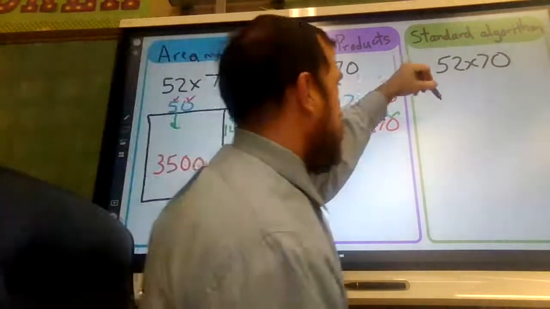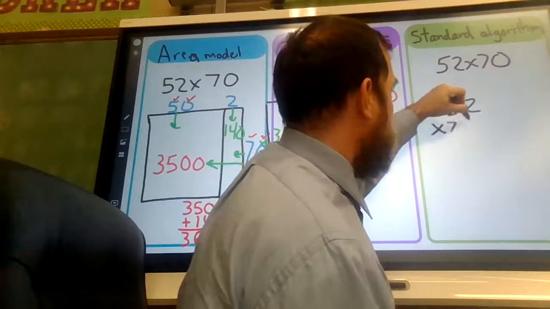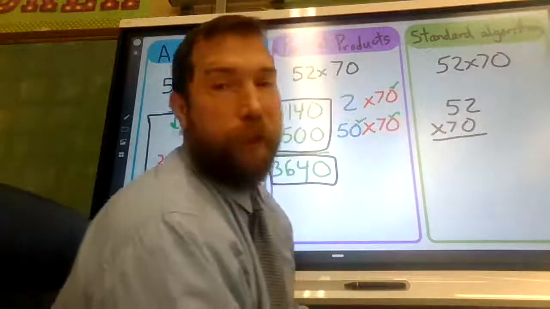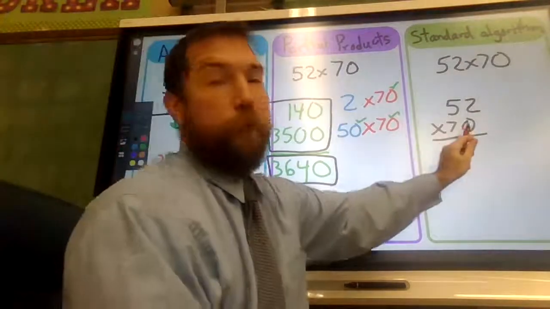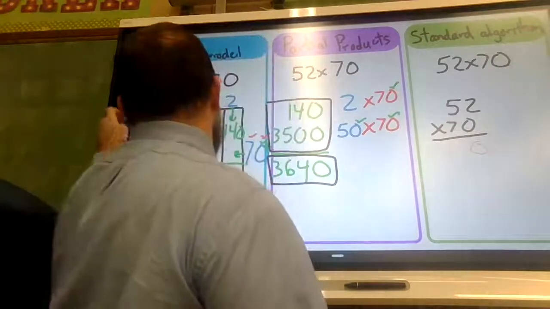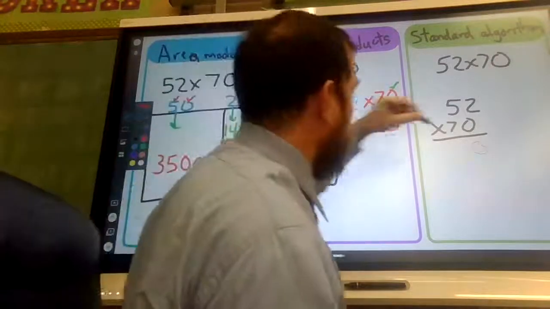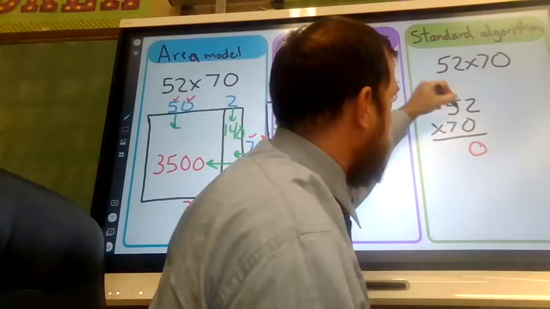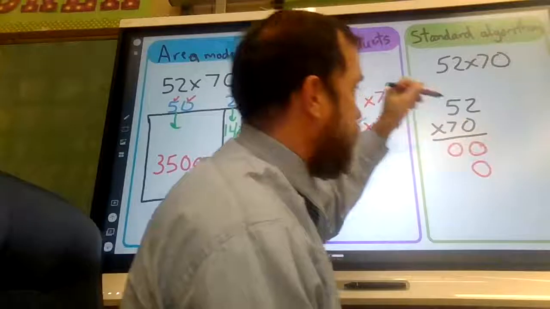Here's the standard way to do it, 52 on top, 70 underneath. When we learn it later this week, you would technically go through and do the zeros first. 0 times 2 is 0. 0 times 5 is 0. Then when you go to the 7, you would put a 0 down.